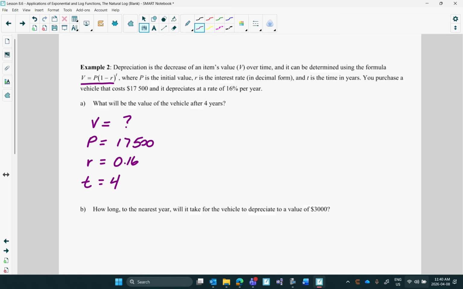So this one is a straight calculation. 17.5 times 1 minus 0.16 raised to the 4th. We could do this all in one shot. Because it's money, 2 decimal places, so that's 0.84 raised to the 4th times 17.5. That's 8,712.75.